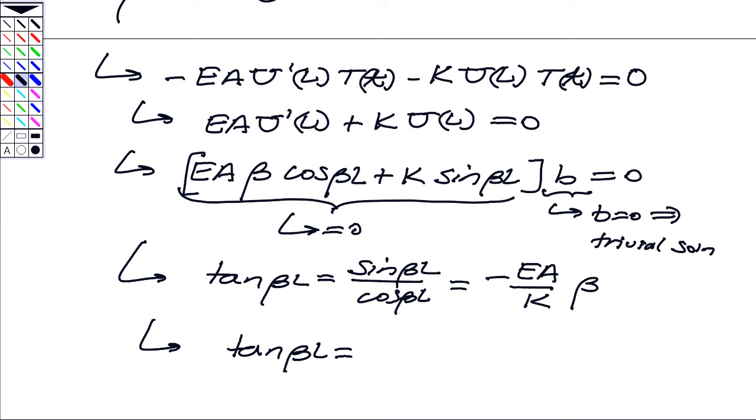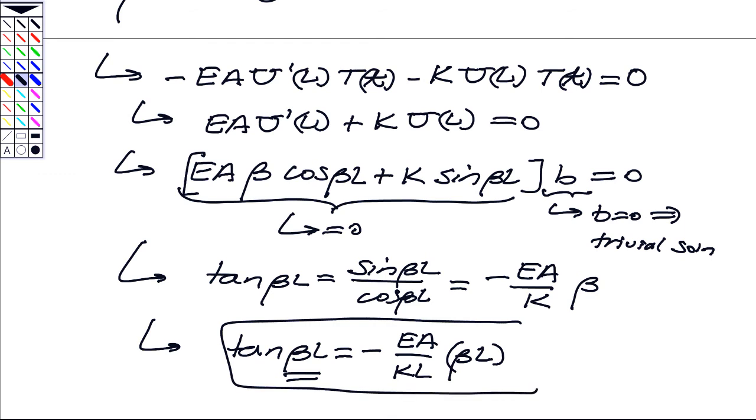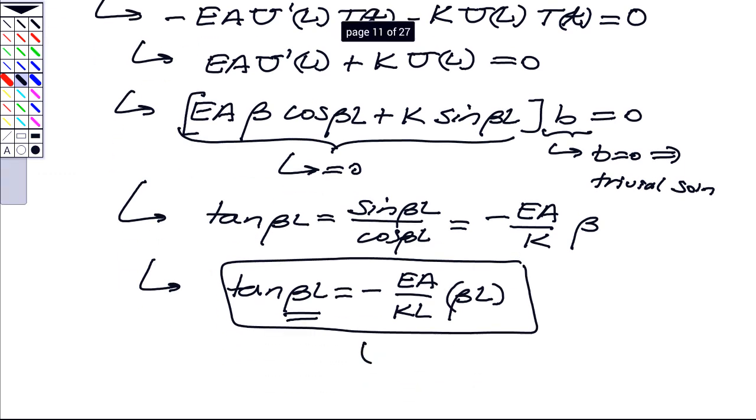Since this argument of tan is beta times L, this non-dimensional number, I'm going to do the same thing on the right-hand side. I'm going to make this EA over KL times beta L. So this is our characteristic equation.